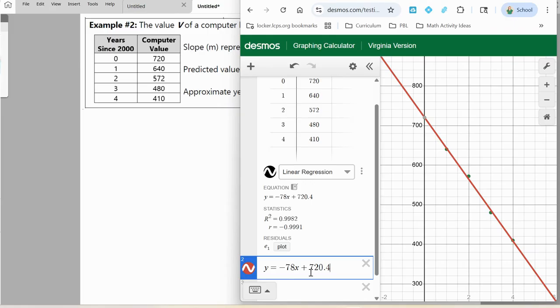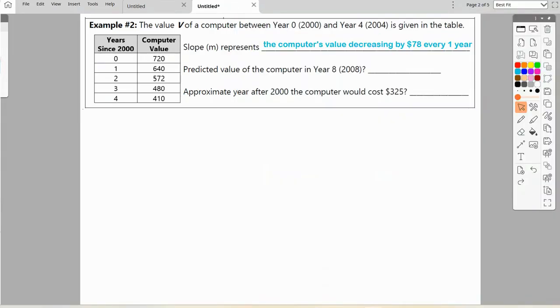Now, I want to talk about what the slope represents in this situation, and that's going to be talking about the negative 78 in front of x. I'm going to teach you a trick of how to represent slope. Slope m is always going to be represented by the y value. So the computer's value is our y value for this problem. Then we go ahead and say increasing or decreasing.